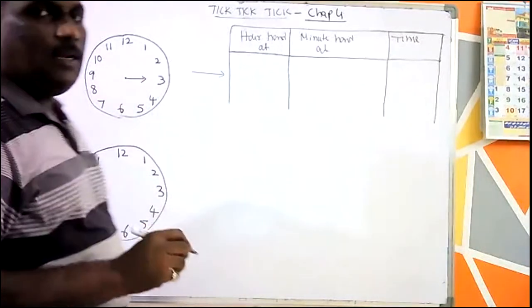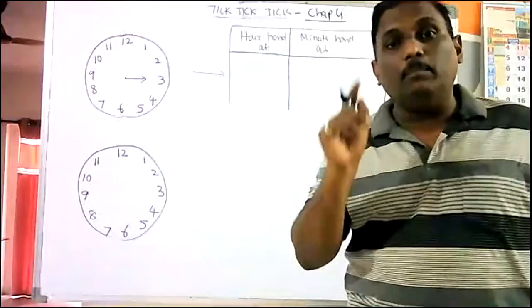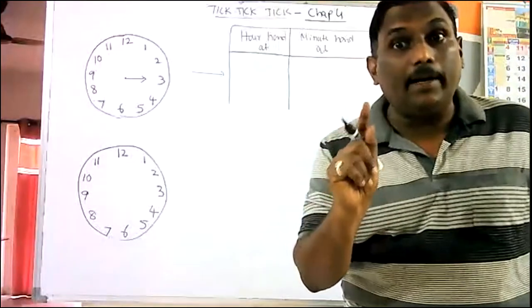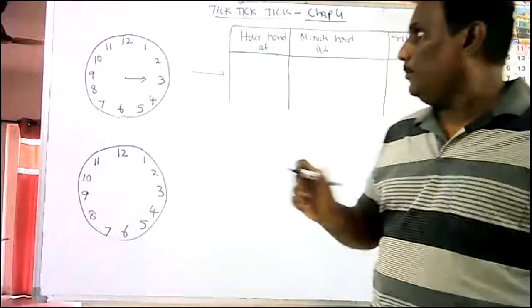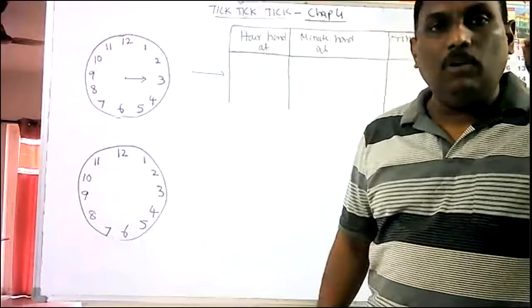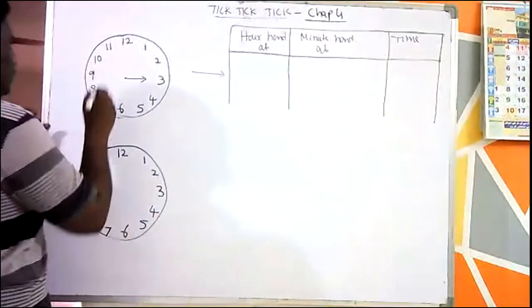Our hour hand will be small when compared to the length of the minute hand. The small one is always the hour hand. The minute hand will be longer than that.